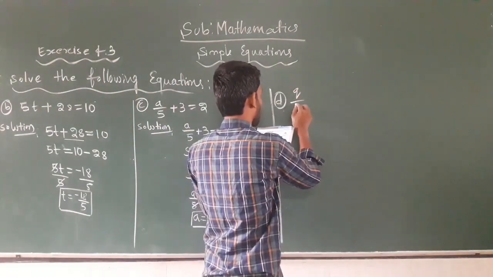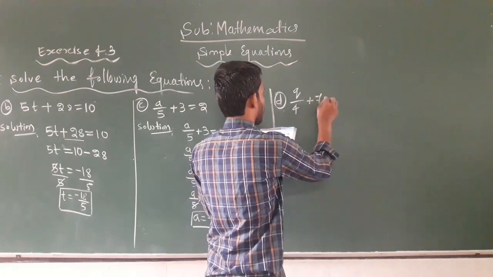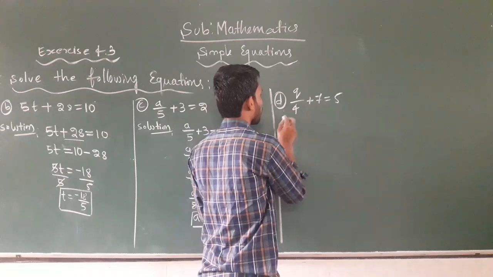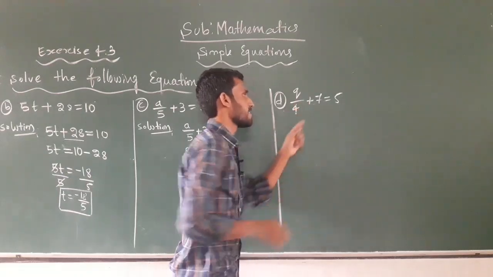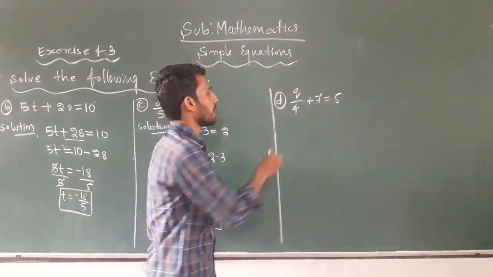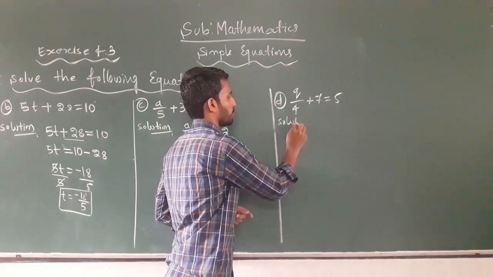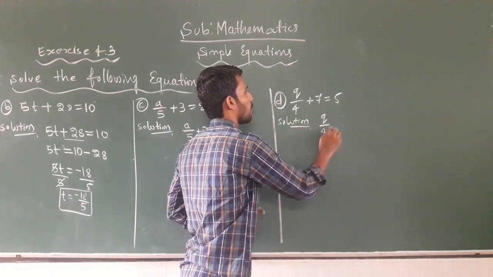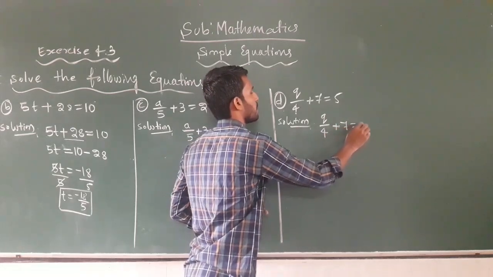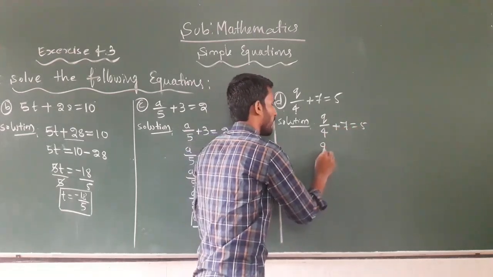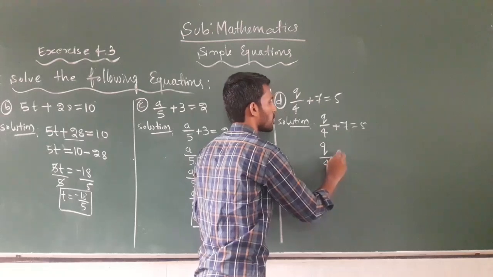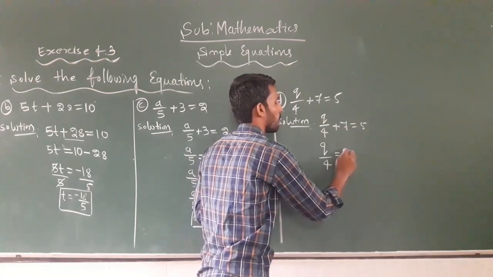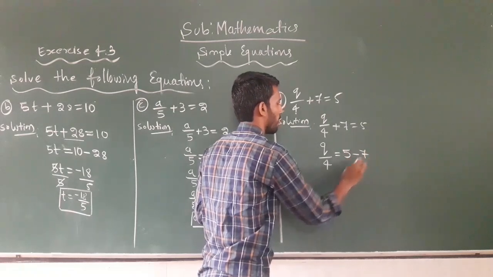Next problem, 4.1. q by 4 plus 7 is equal to 5. Dear student, let us see the solution. q by 4 plus 7 is equal to 5. When we shift from LHS to RHS, that becomes 5 minus 7.